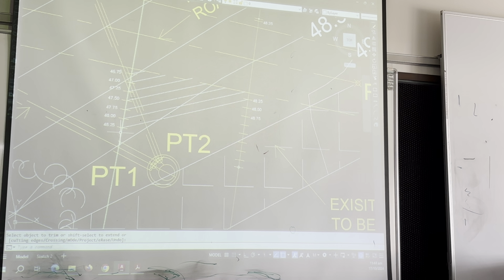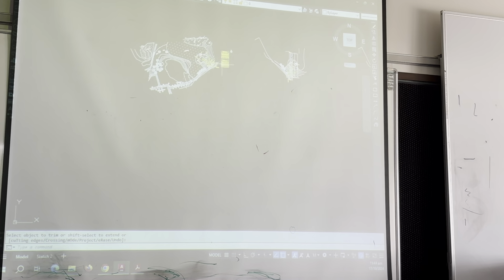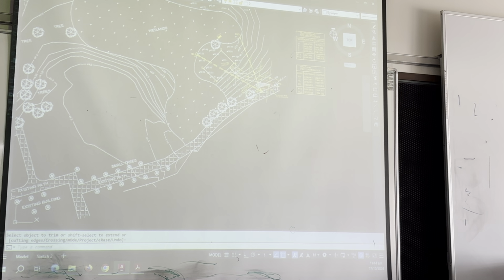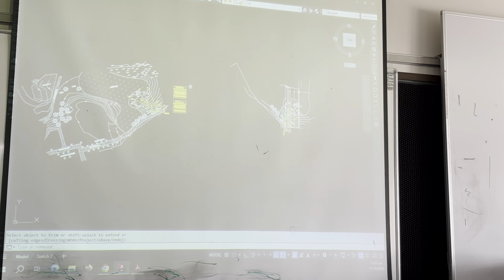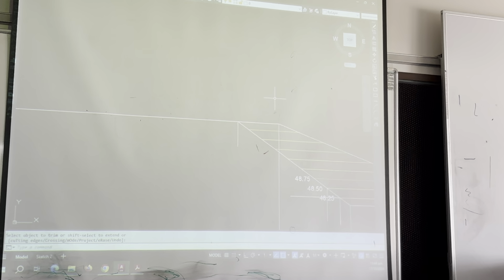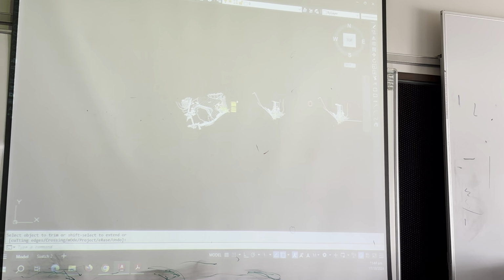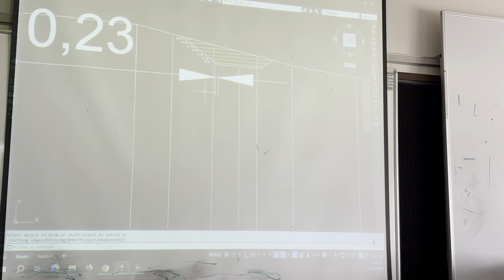And 48.25 is the last one, I think, for the batter slope. So I'm just going to do this side batter slope. Where are we? Over here.